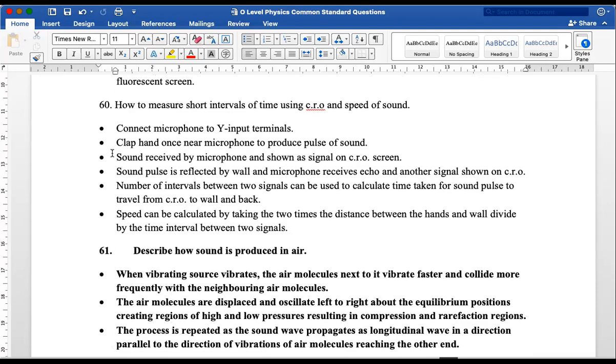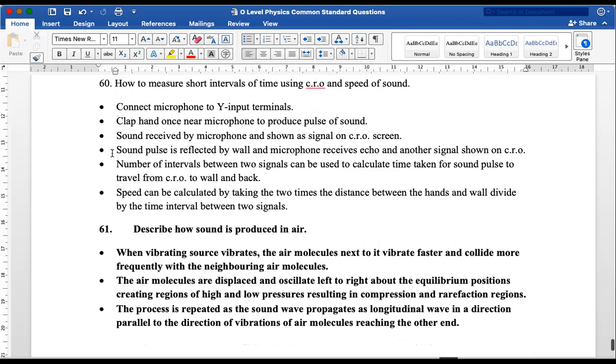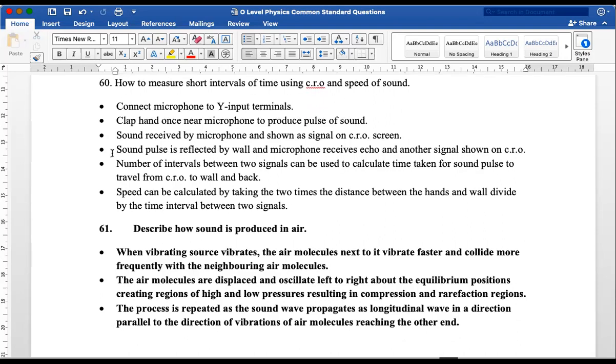The sound pulse is reflected by the wall and the microphone receives the echo, and another signal is shown on the CRO. The number of intervals between the two signals can be used to calculate the time taken for the sound pulse to travel from the CRO to the wall and back. The speed can be calculated by taking 2 times the distance between the CRO and the wall and dividing by the time interval between the two signals.